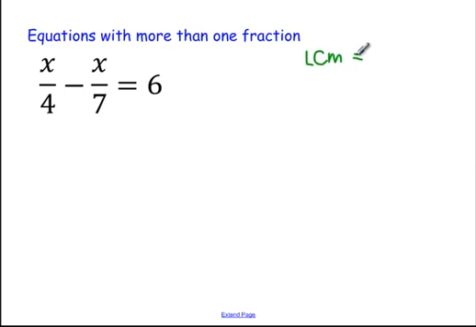So multiples of 4, hopefully you remember this, are 4, 8, 12, 16, 20, and so on. Multiples of 7 are 7, 14, 21, 28. So the lowest common multiple between 4 and 7 is 28. And then we multiply everything by the lowest common multiple.